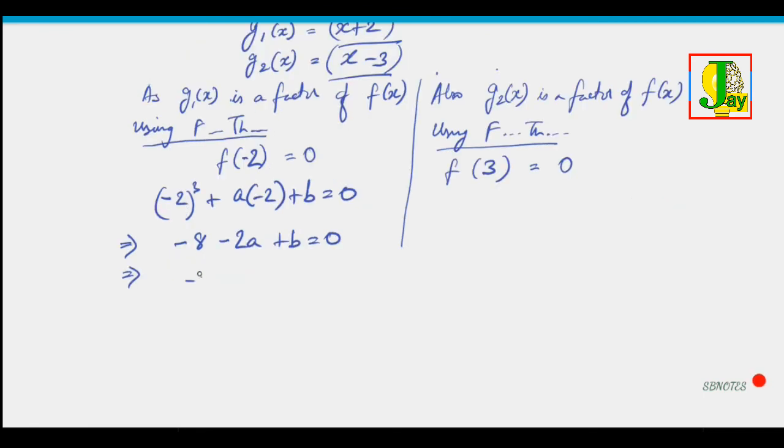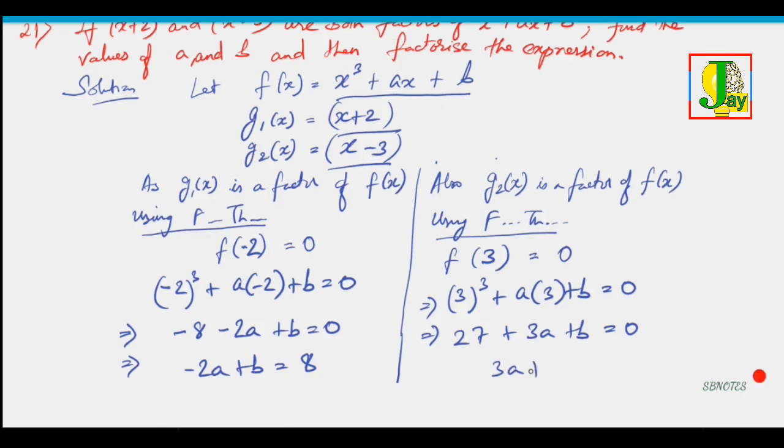So we get minus 2a plus b equals 8, and 3a plus b equals minus 27. Now we have two equations and we can solve for a and b.